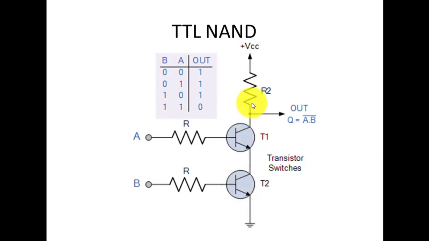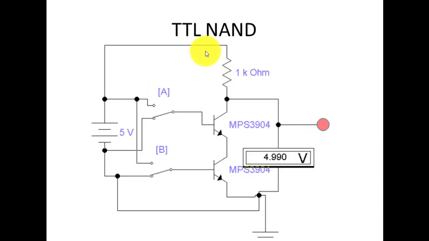In the rest of the cases, if any of the transistors is at logic low, the output will be 1, because the current will not flow to the ground, and the current will appear on the voltmeter connected at this point. So we have to construct this circuit of the NAND gate by using the transistor logic.